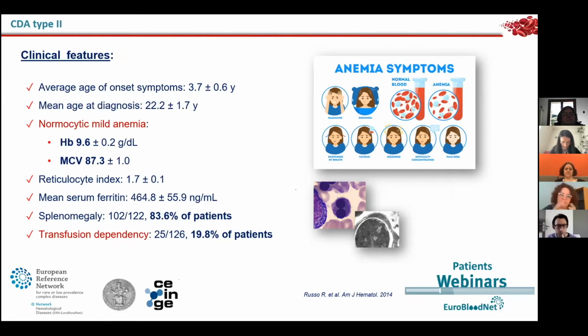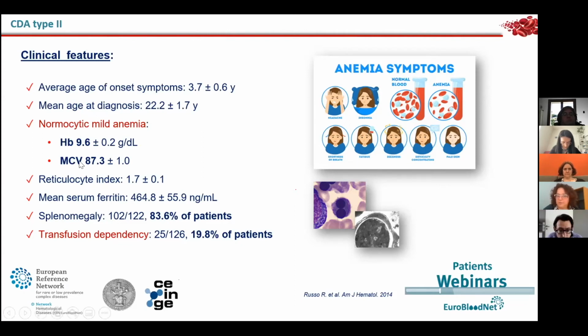Indeed, the mean age of diagnosis is approximately 20 years. Also in this case, the anemia is of variable degree, because it may range from mild to severe in a few percent of patients.